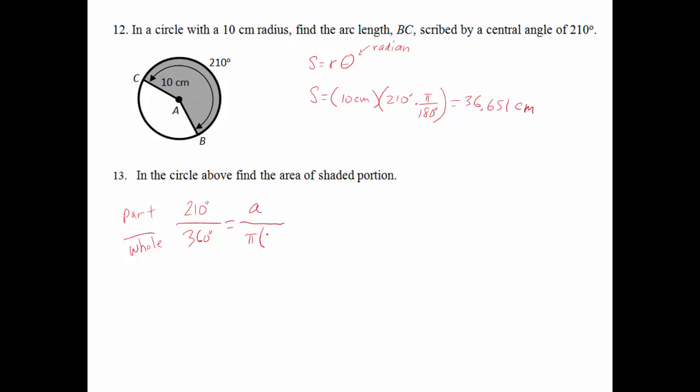Okay, and then doing a little algebra here, multiplying both sides by pi r squared, I cancel this and multiply it on that side, so the area is equal to 210 over 360 times pi r squared, and I get that is approximately 183.259 centimeters squared.